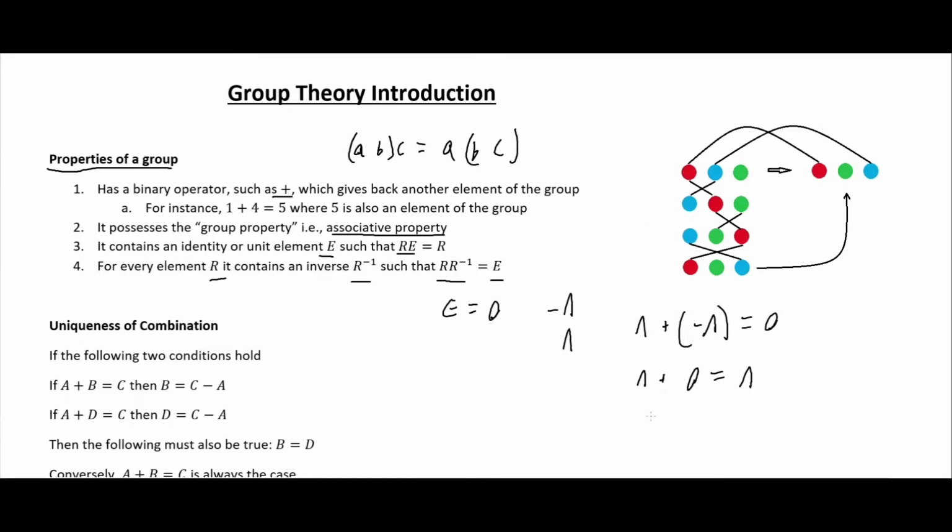So for instance, 5 plus 0 gives you 5 back. If you do 5 plus negative 5, it gives you 0. This is a very common and easy to understand group.